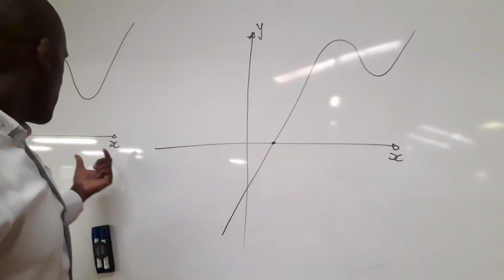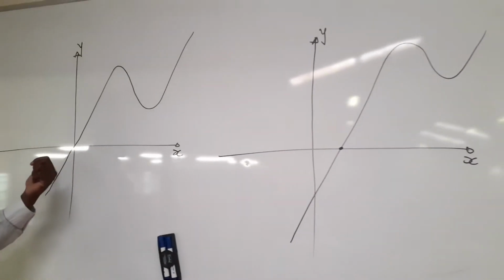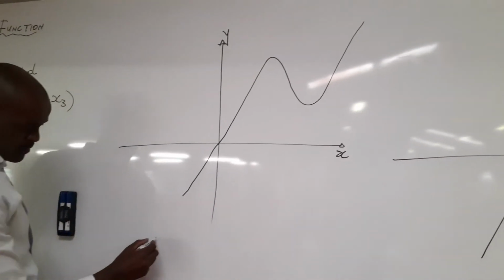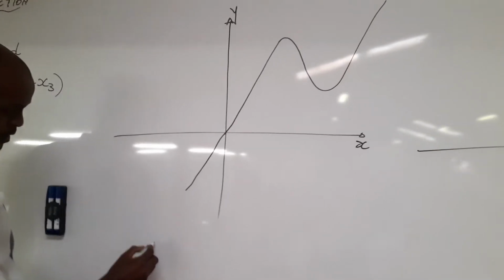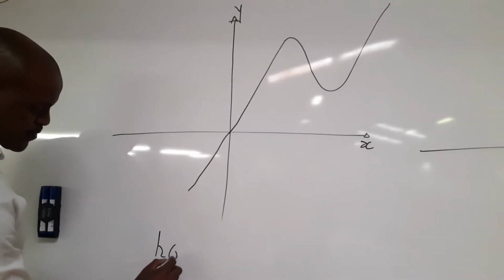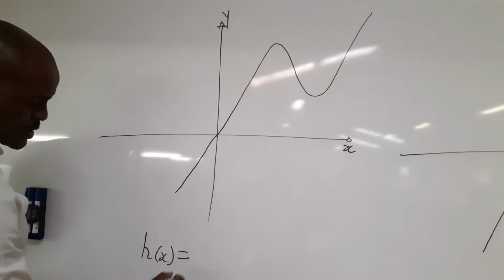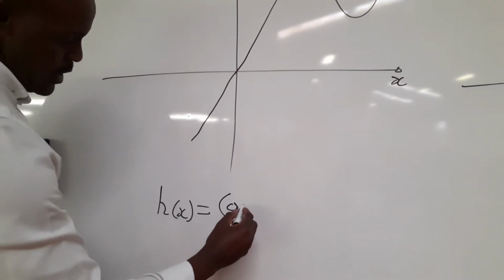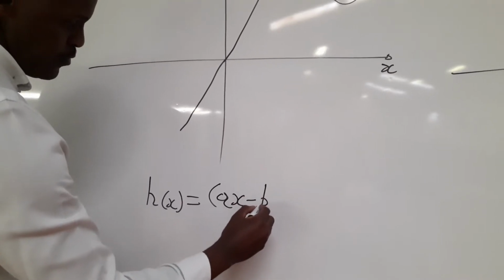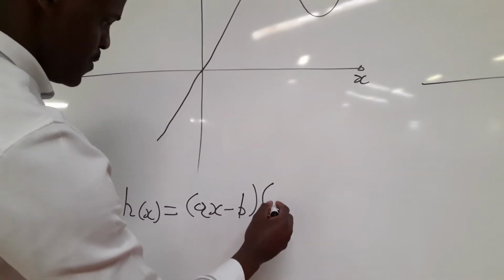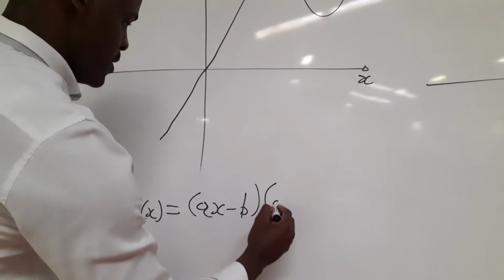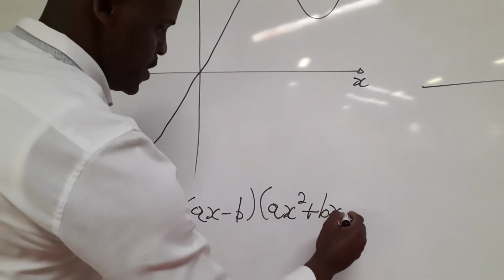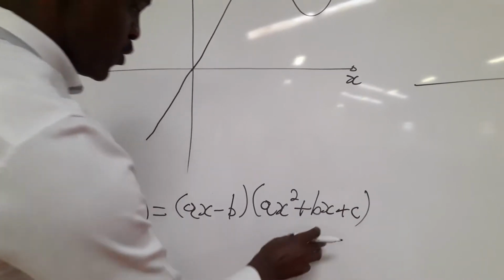So if, for instance, you are solving to find the x-intercept, let's say you have h of x equals ax minus b into ax squared plus bx plus c, which is a quadratic, right?